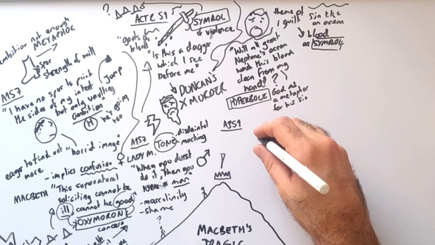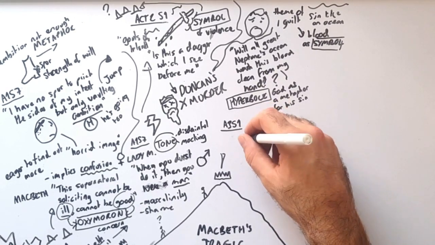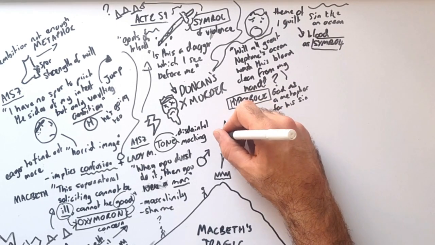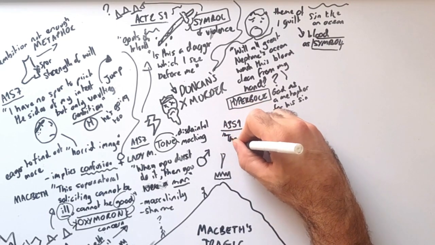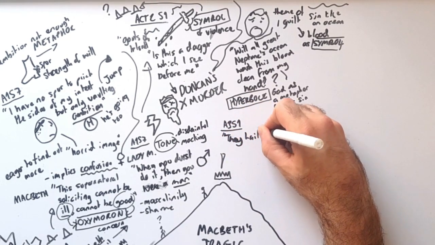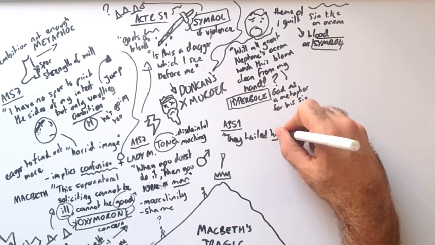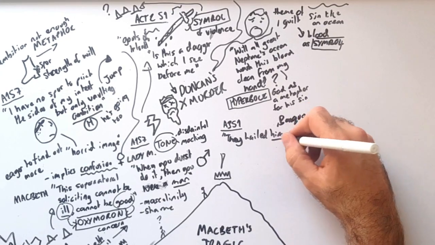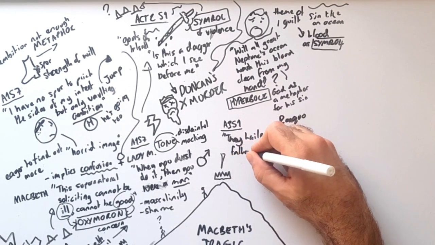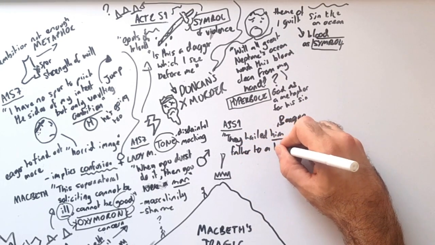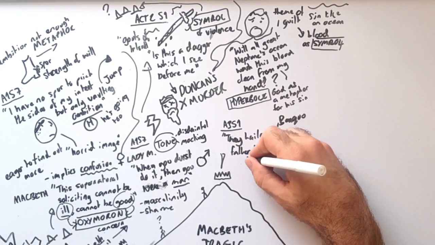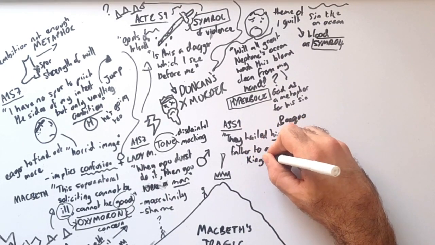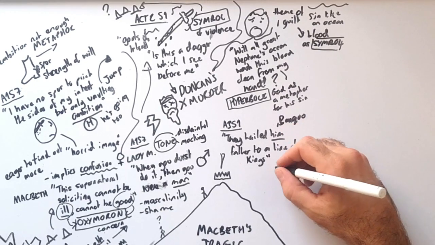So he comments that first they hailed him, and he means Banquo, father to a line of kings. And this infuriates Macbeth.